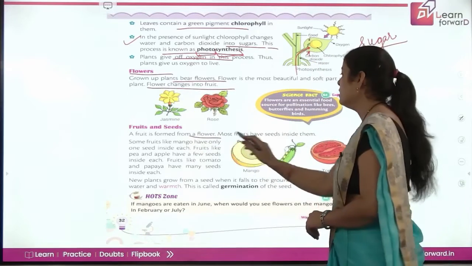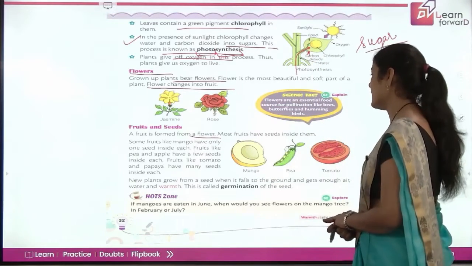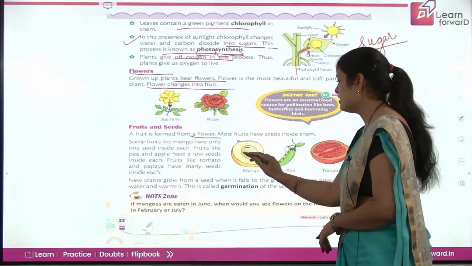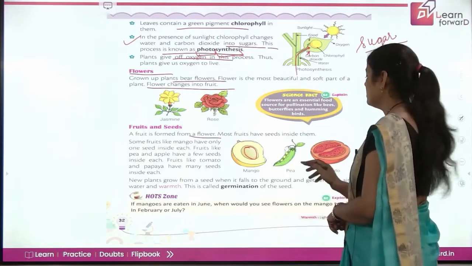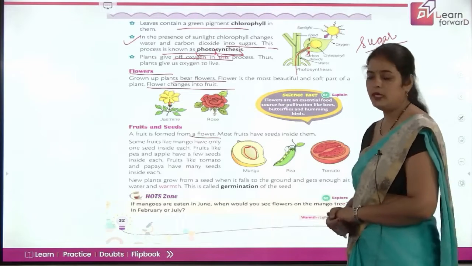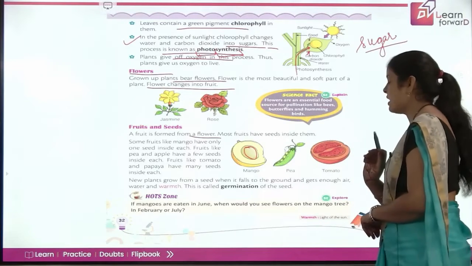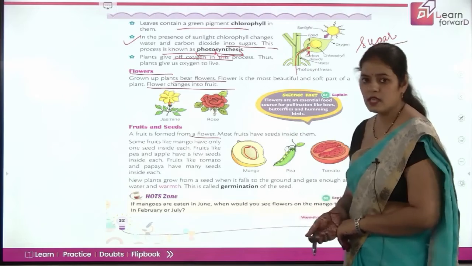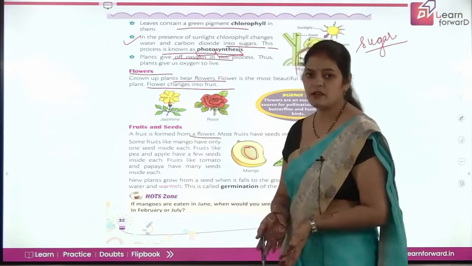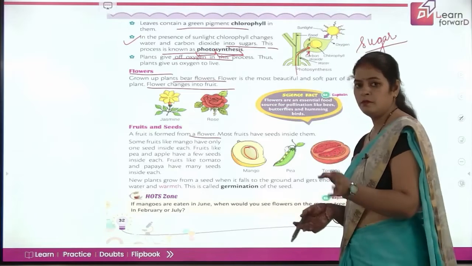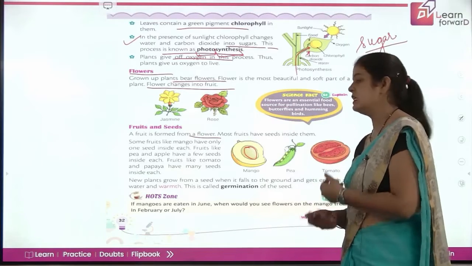Most fruits have seeds inside them. A mango fruit, pea, tomato, strawberries, apples, apricots have seeds. So most of the fruits have seeds in them.